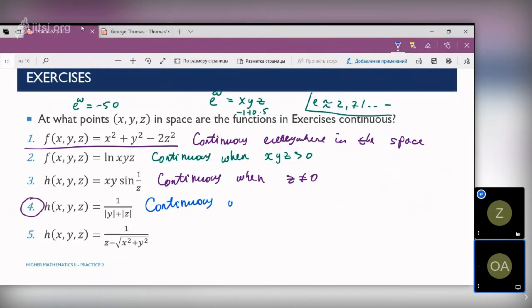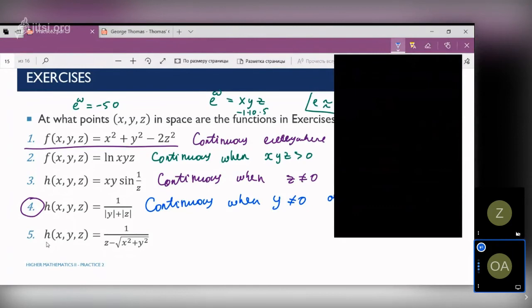Continuous when y is not equal to 0 and z is not equal to 0. And the last one: h of x, y, z equals 1 over z minus the square root of x squared plus y squared.